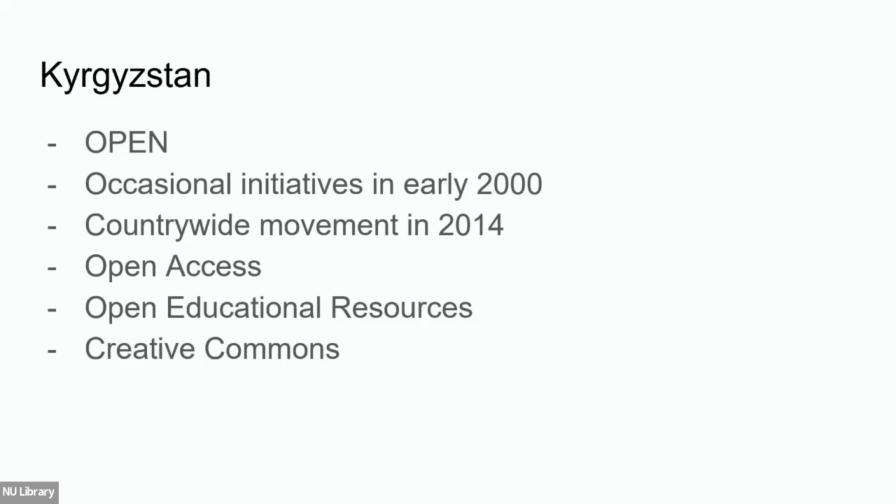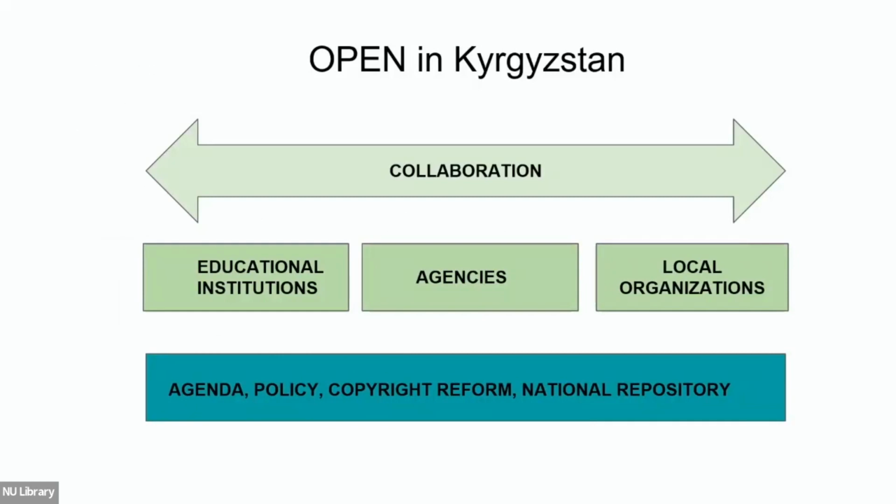That international meeting was followed up by several local initiatives aiming to promote and implement OER. The Association of Electronic Libraries implemented a countrywide OER awareness project in 2015. American University of Central Asia started a pilot project on adopting openly licensed textbooks for some introductory courses in sociology and psychology.